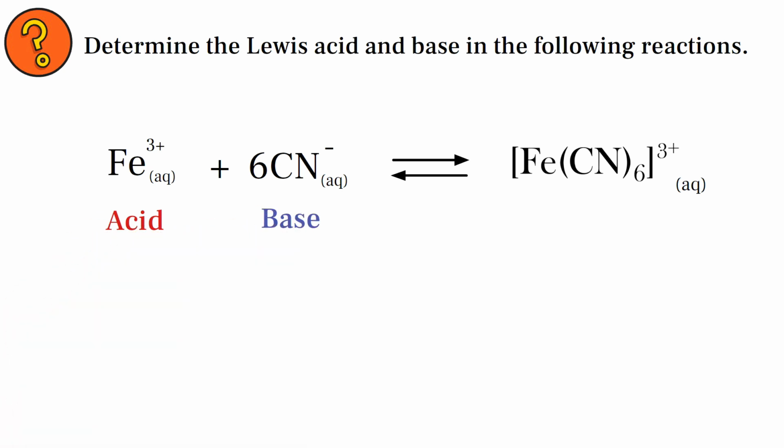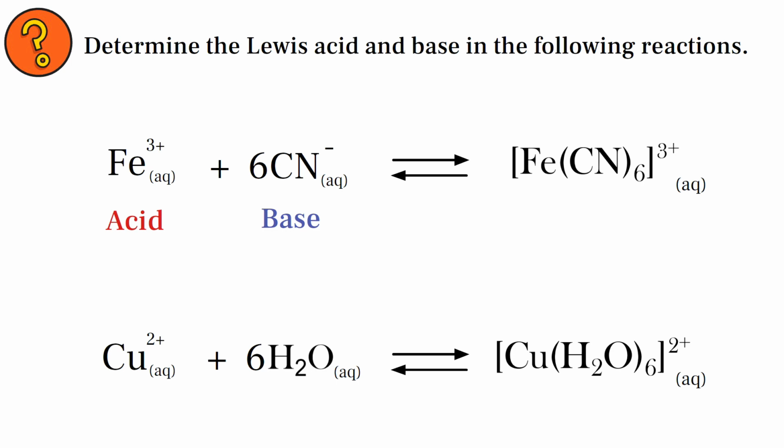And it's also a Brønsted-Lowry base because it's a negative ion that does not contain hydrogen in its composition. Another example, as we can see, Cu+2 is a positive ion of a transition metal, so it's the acid in this reaction. Therefore, H2O is the base in this reaction.